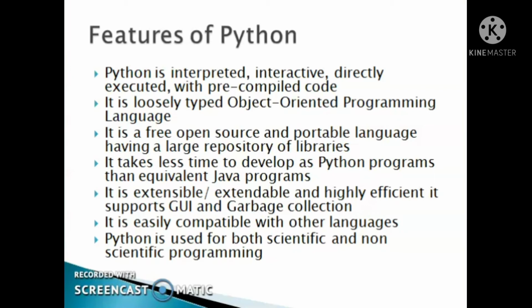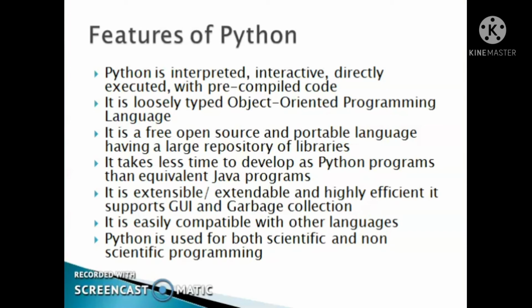repository of libraries. It takes less time to develop Python programs than equivalent Java programs. This is because of its built-in high-level data types and its dynamic typing. It is extendable and extensible and highly efficient as there is no wastage of time in declaring the types of variables or arguments.